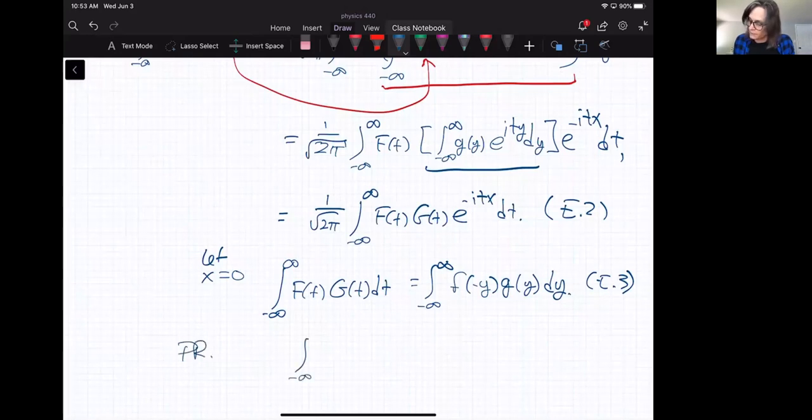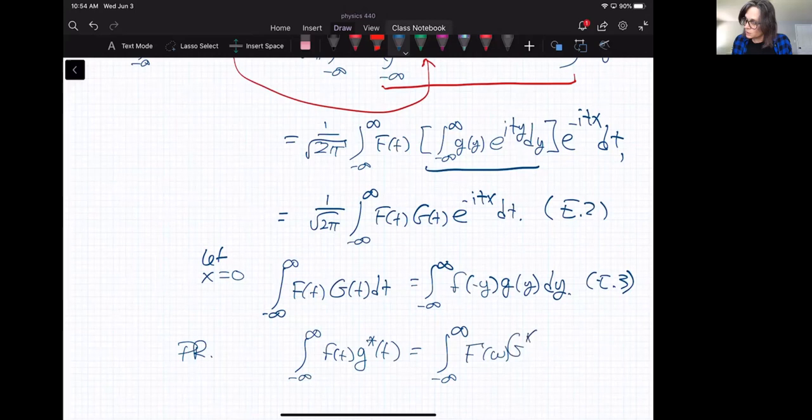the integral from minus infinity to infinity of f of t times the complex conjugate of g of t is equal to the integral from minus infinity to infinity of the Fourier transform of f of omega, times g star of omega, d omega.